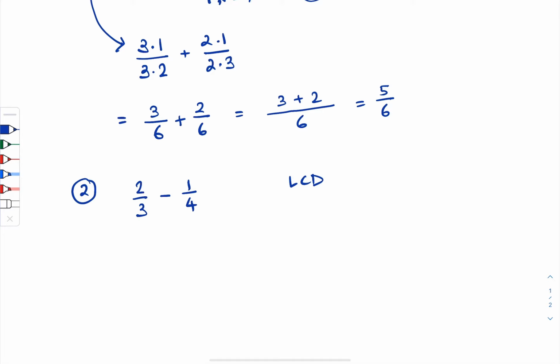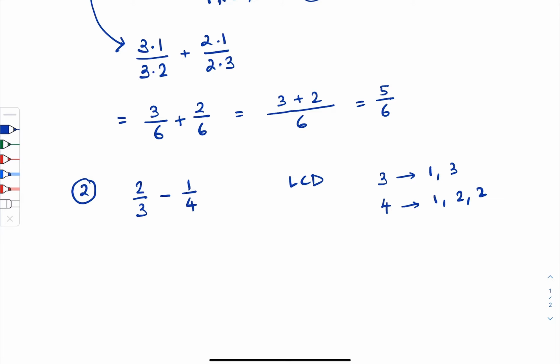To find the LCD, I'm going to write the 3 first and then the 4. The factors of 3 are 1 and 3. The factors of 4 are 1 and 4, and actually that 4 can be split down further. We can write it as 1, 2, 2, because 2 times 2 is 4.